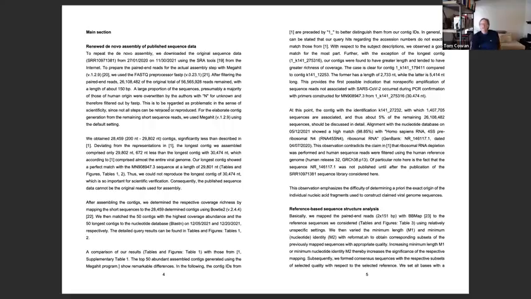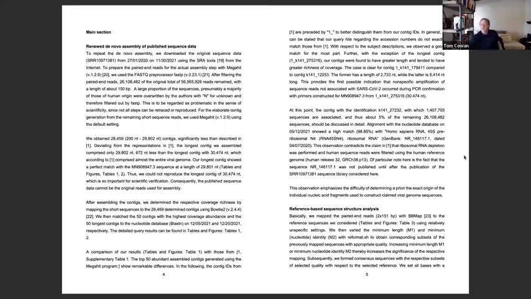In other words, he couldn't retrace why or on what scientific basis these 30 million reads were actually removed. And so there's no way to confirm that this whole thing is actually scientifically valid.